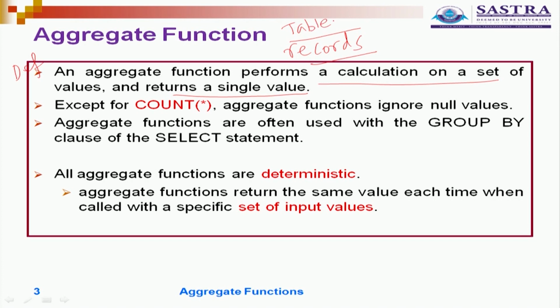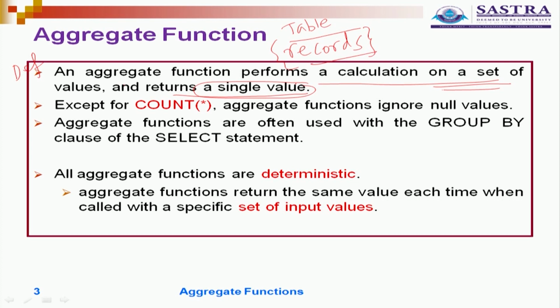The objective of an aggregate function is to do some computation on these records. It performs a calculation on a set of values, and the output is always only a single value.